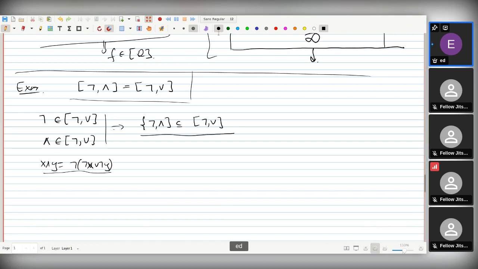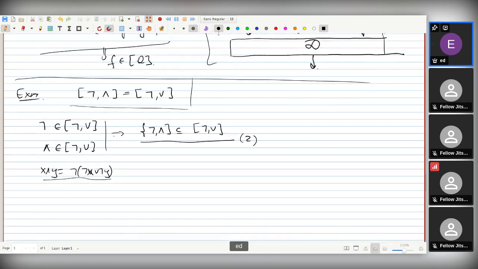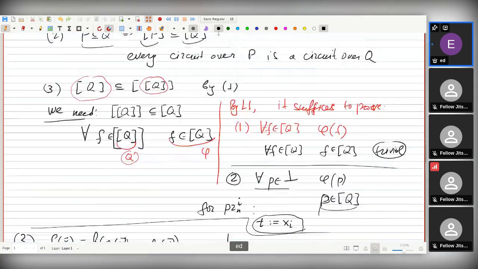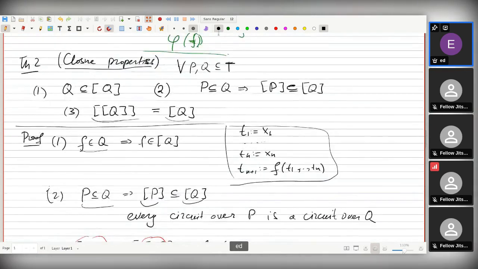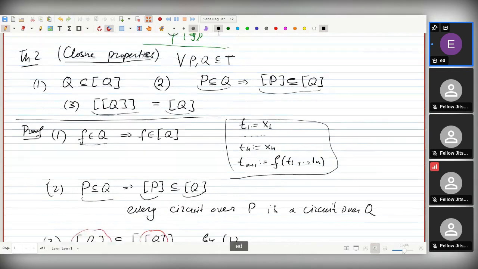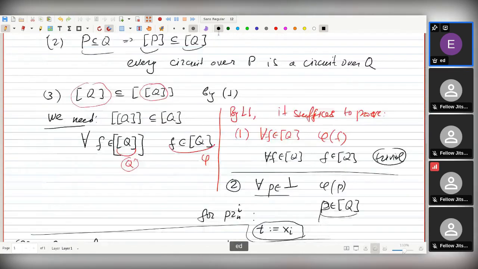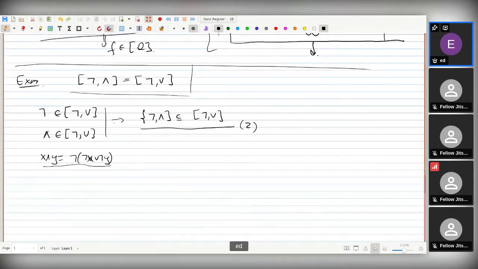Now let us apply property 2. Let us apply monotonicity. The closure of a greater set is generally greater. So we see that the closure of this set is included into the closure of this set.